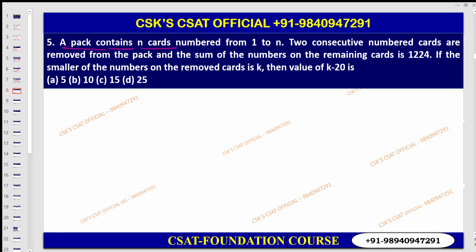Okay, next question. A pack contains n cards numbered from 1 to n. Two consecutively numbered cards are removed from the pack, and the sum of the numbers on the remaining cards is 1224. If the smaller of the numbers on the removed cards is k, then find the value of k minus 20.